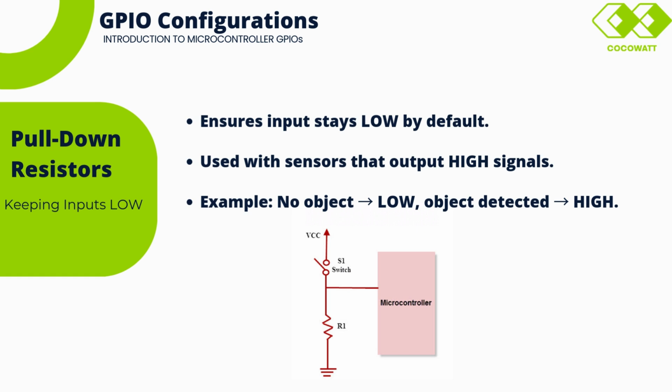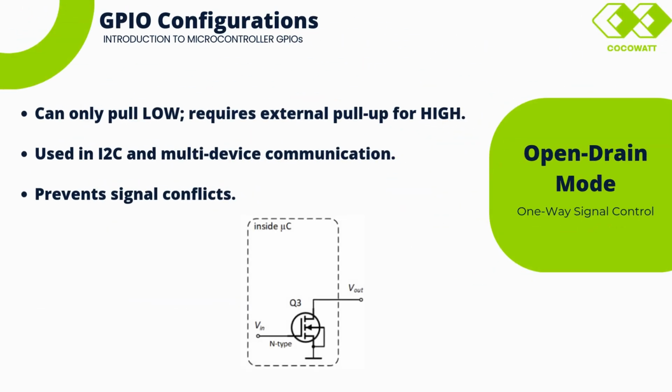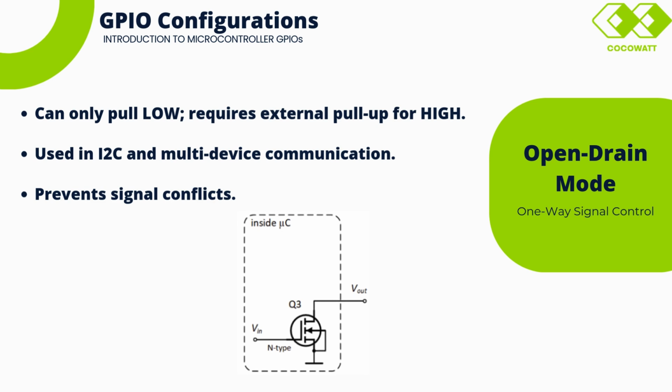This is like a weight that keeps a lever down by default. It ensures the signal stays low when no force is applied. Many controllers offer internal pull-up and pull-down resistors that can be enabled in software when we are configuring a pin as an input.